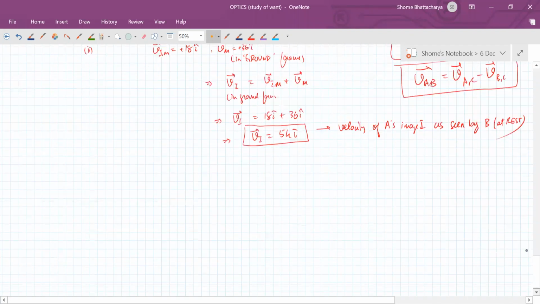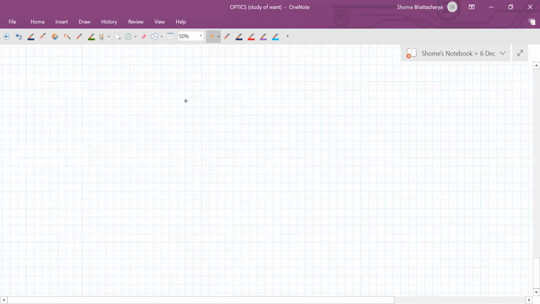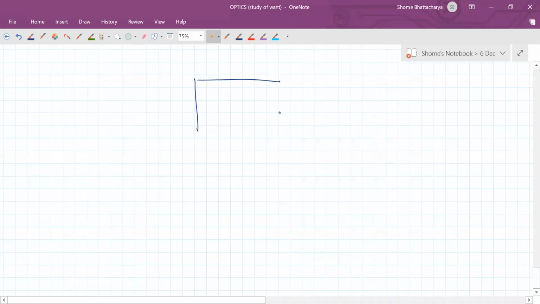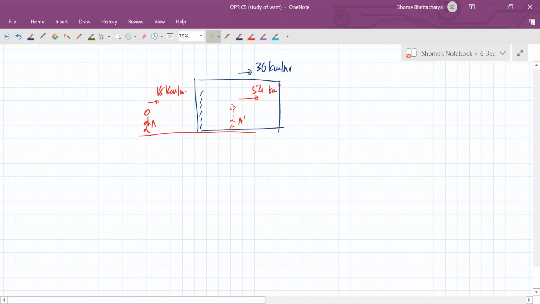So see, what is now actually happening is, when you go back to the ground frame, you'll understand that this bus is traveling at 36 kilometers per hour. Okay. E is running behind the bus at 18 kilometers per hour. So the image of E, now I'm showing everything in the ground frame. Okay, so this image is actually at 54 kilometers per hour and B is stationary.